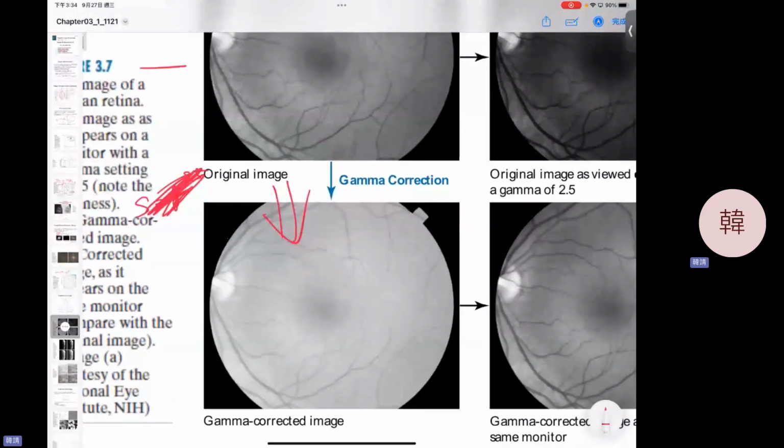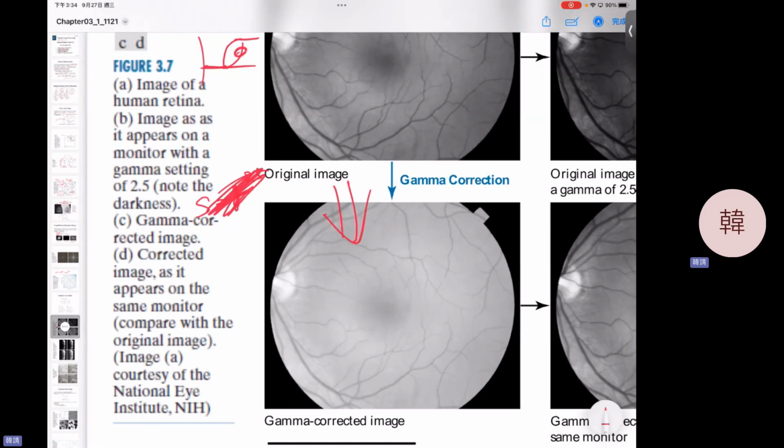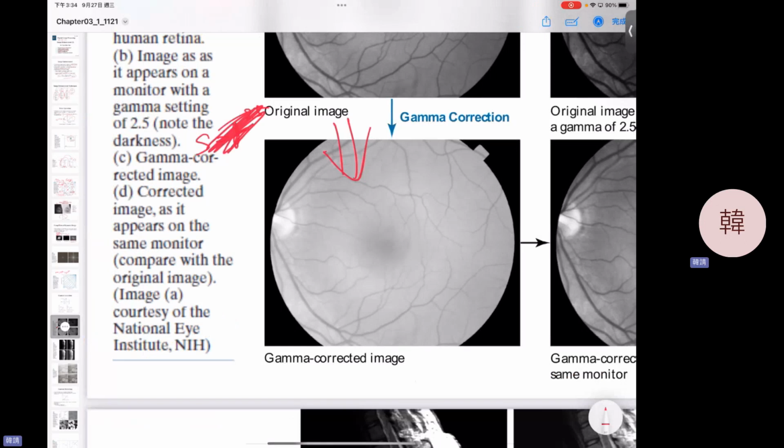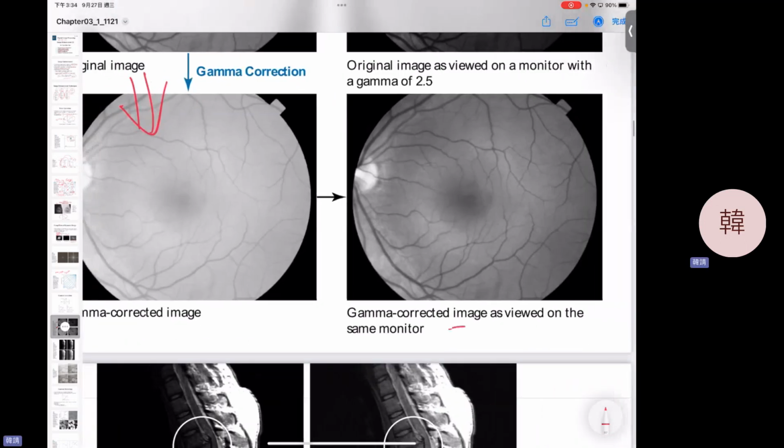Remember the video here? It should become brighter. You take the gamma correction, get this result, and then show it on your monitor. So what's the result? With gamma correction compensated, the image viewed on the same monitor comes out like this.